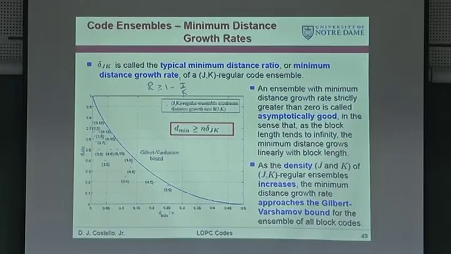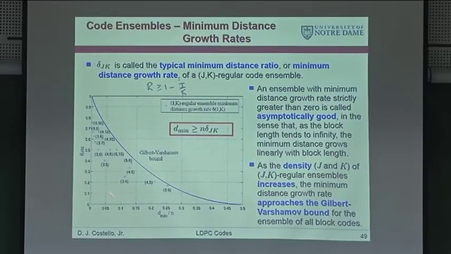Of the block length? Yeah. I mean, these numbers assume infinite block length. So this is the growth rate, the delta. It's the same for the Gilbert-Varshamov bound: if you have very large block lengths, the distances predicted by this are going to be very accurate. You have a high probability of getting that distance or better if you have a large block length.